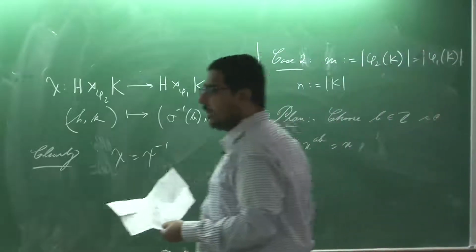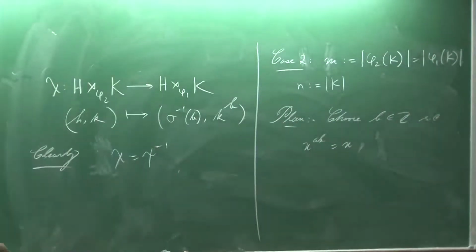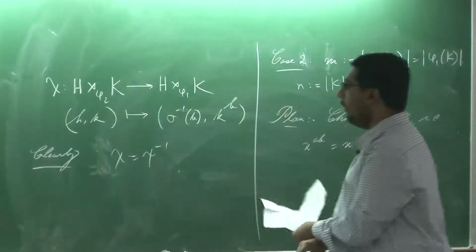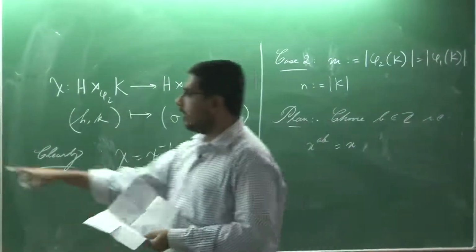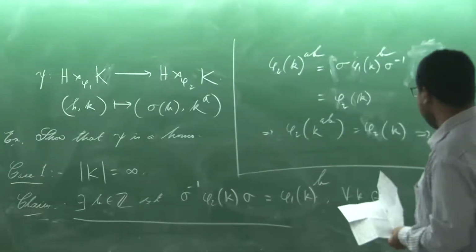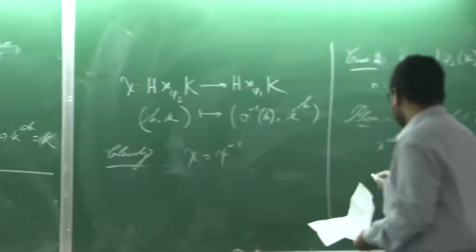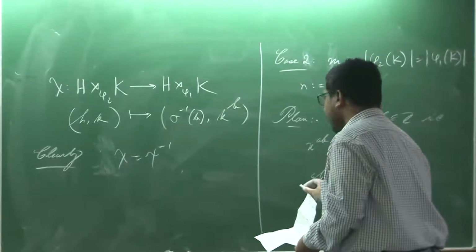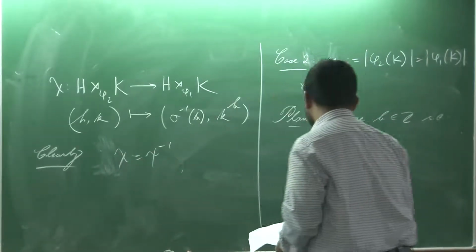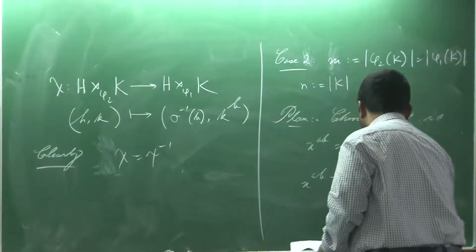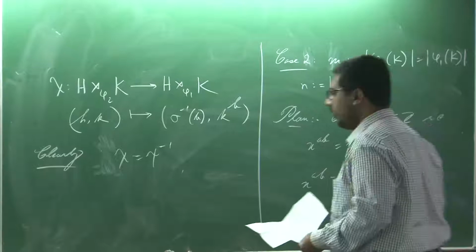This in principle implies that k to the power ab will be k. This is how we would like to go ahead, but since in this case phi 2 is not assumed to be injective, we cannot say that. The only thing we can say here is that x to the power ab minus 1 is in the kernel of phi 2.